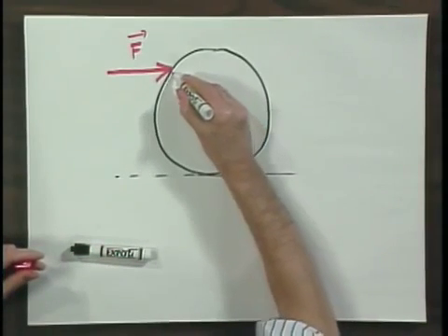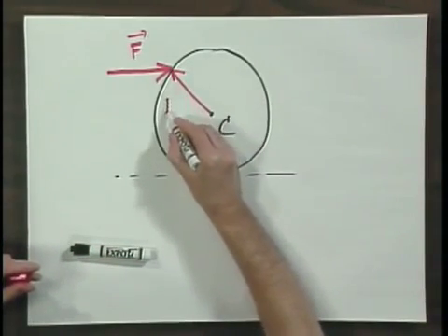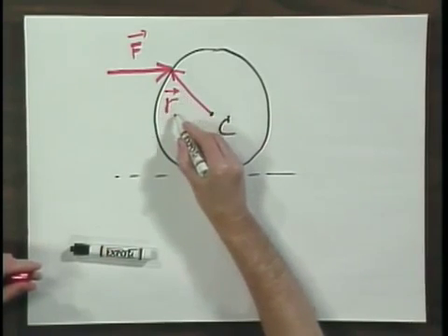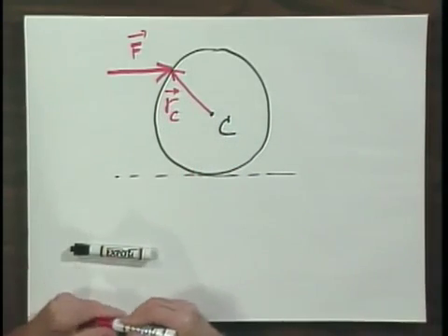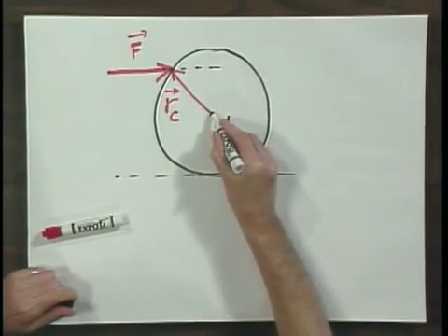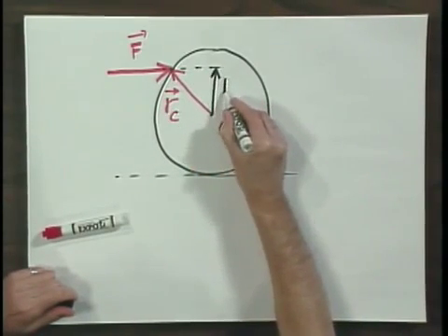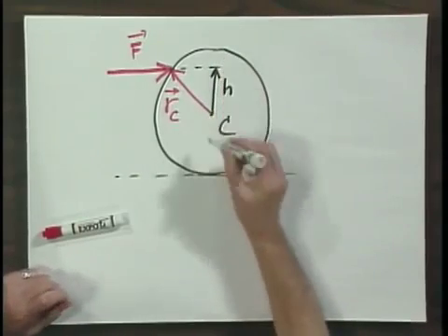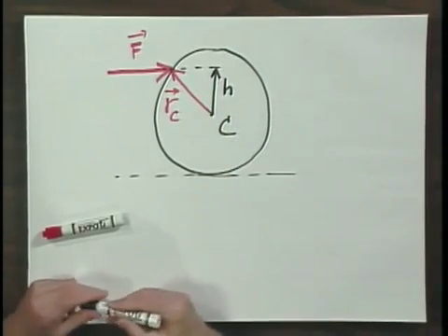And at any moment in time, I have here the position vector, which I will call R of C. And this distance here we have called h. And we'll call h positive in this direction, and we'll call h negative in this direction.